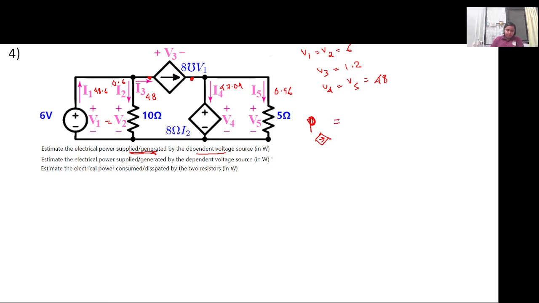It will be V3 into I3. So V3 is 1.2, I3 is 48. So this will be equal to, let me just calculate.